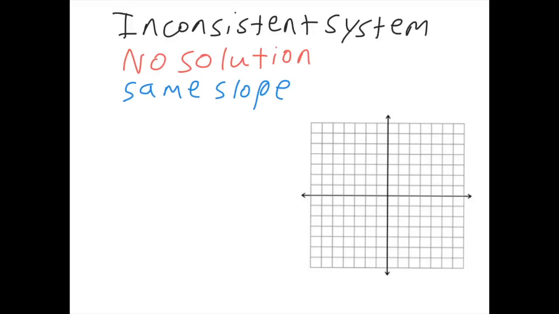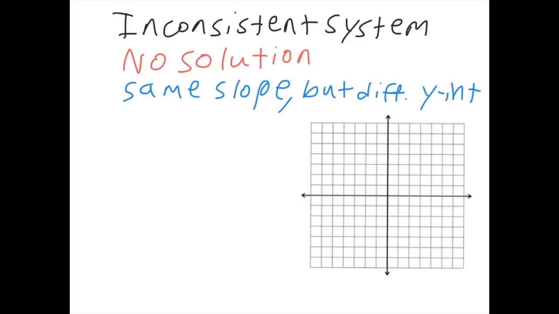But to make it different from the dependent system, they have a different y-intercept. So in an inconsistent system, they have the same slope but a different y-intercept.